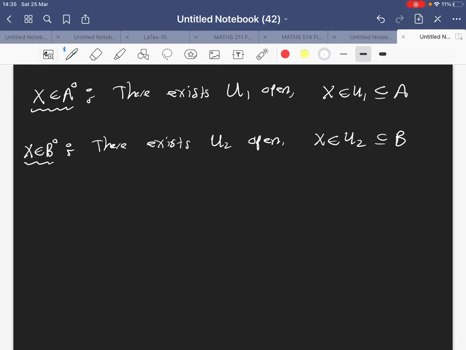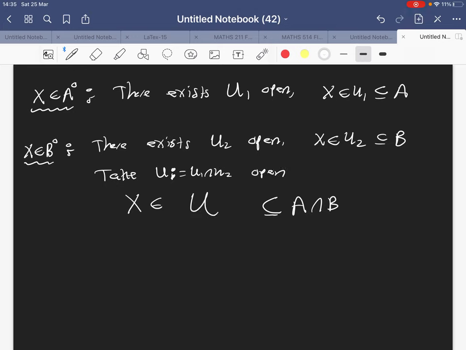If I want X to be in the intersection, I must take the intersection between U1 and U2. Take U equals U1 intersection U2, which is open.